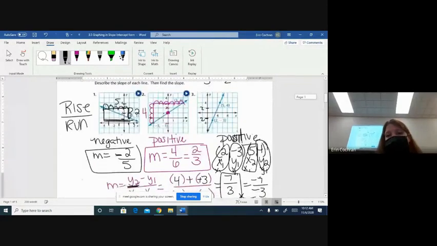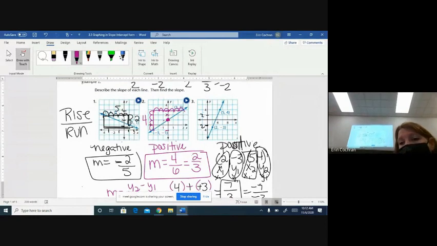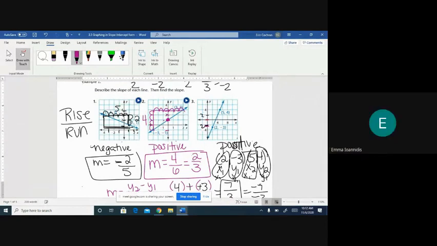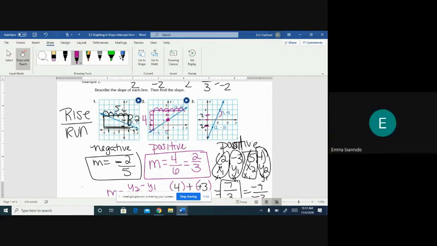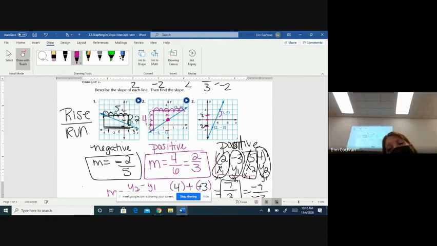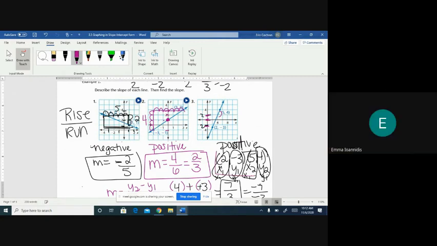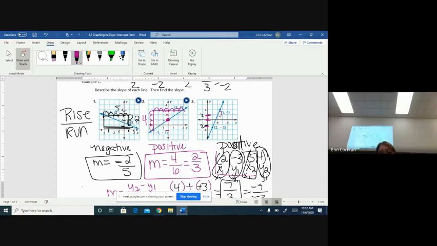So if you look at these tally marks here by the graphs, they're not going up by 1s, right? So it's not easy to count just going, well, this is 1, this is 2. No, actually, that's going by 2, by 4, by 6. So that's why I use the formula, because these aren't easy just counting up by 1s. Okay, that makes sense. Thank you. You're welcome. All right, any other questions?